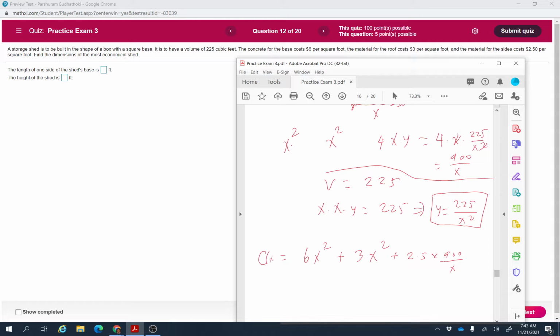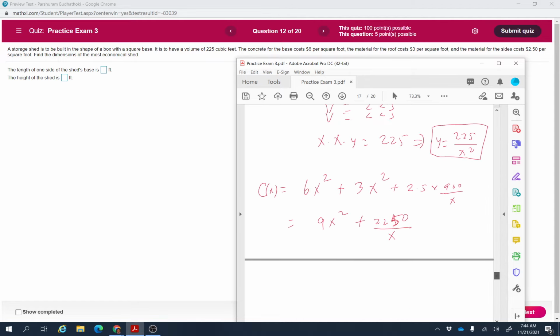This cost function is a function of x; that's how we create it. If you add 6 and 3, that will be 9x squared, and then 9 times 2.5 gives 2250 divided by x. So this is the cost function.